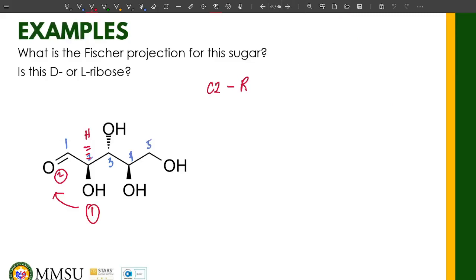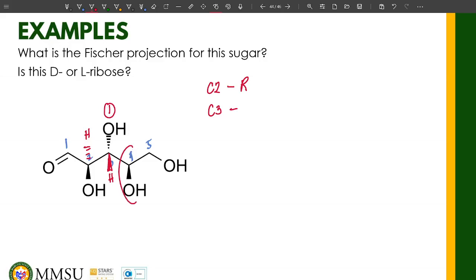So, R. And then C3. This time, your oxygen is at the back, so your hydrogen is the one in front. The OH, again, is your first priority.